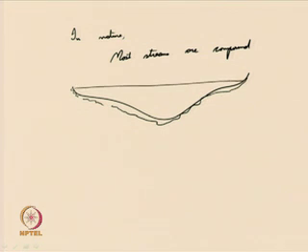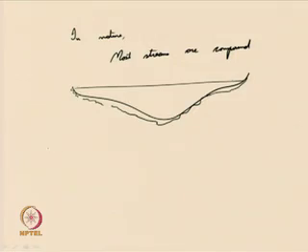Now, you see this is a compound cross section. It has some side portion and some main portion, where the bulk volume of water is carried in the main portion. The side portion also carries certain discharges, or you may also see channels where multiple main channels are there.